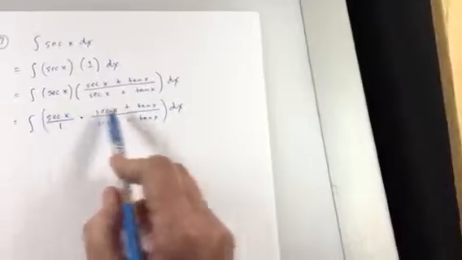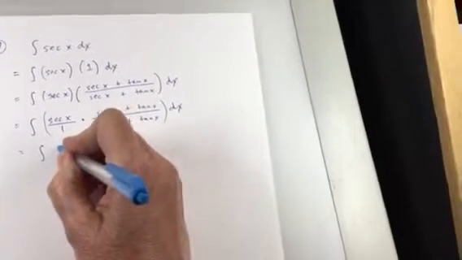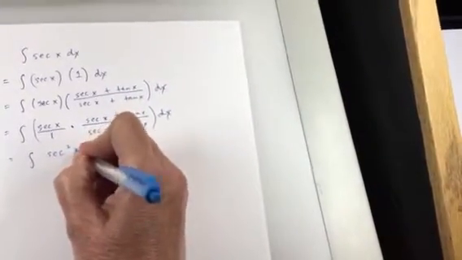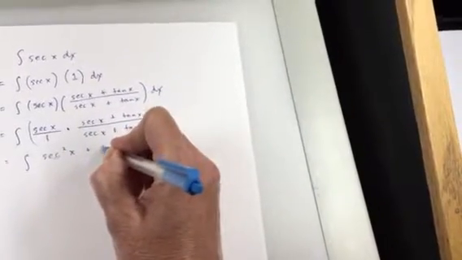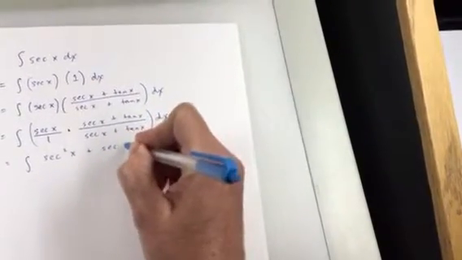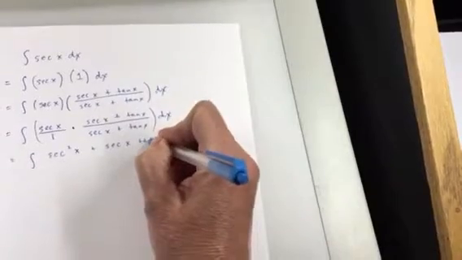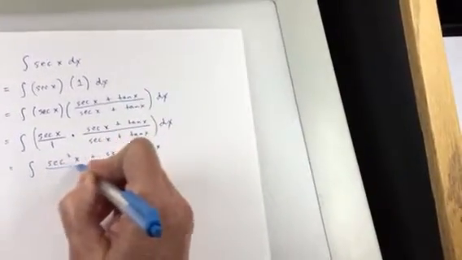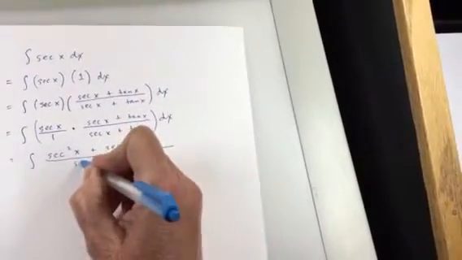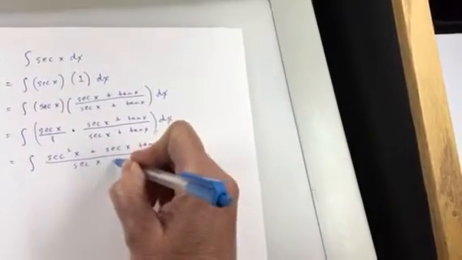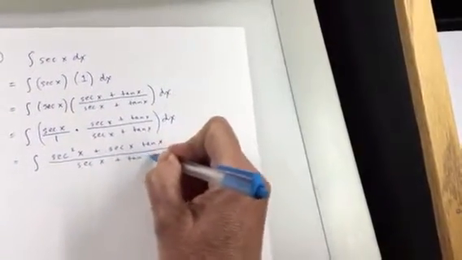So the secant x over 1, the secant x is going to distribute. And this would be secant squared x plus secant x tangent x over secant x plus tangent x dx.